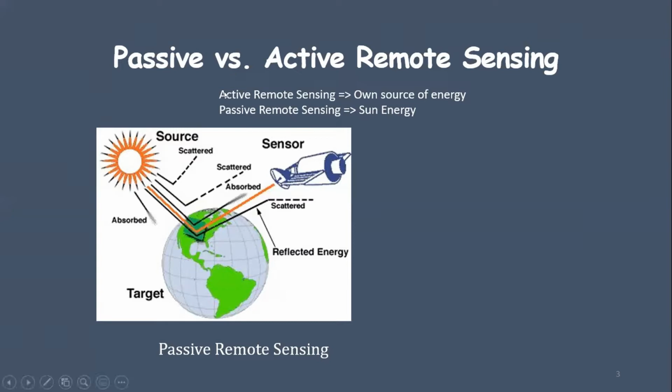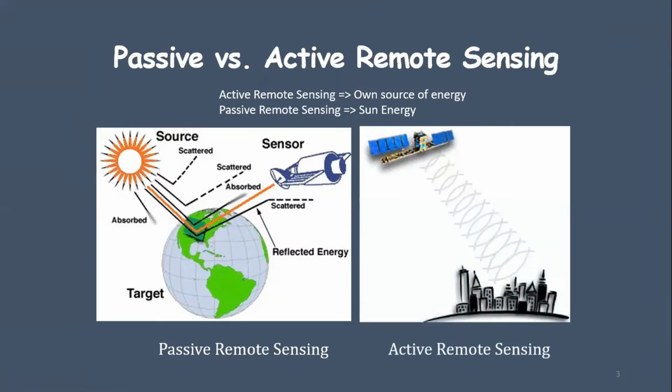So in passive remote sensing, the ultimate source of light is only the sun. The satellite doesn't have the capability to emit any radiation by itself. But when we talk about active remote sensing, it has its own source of energy.